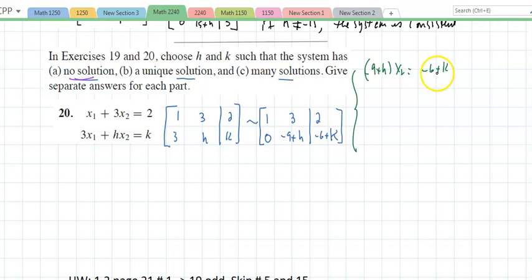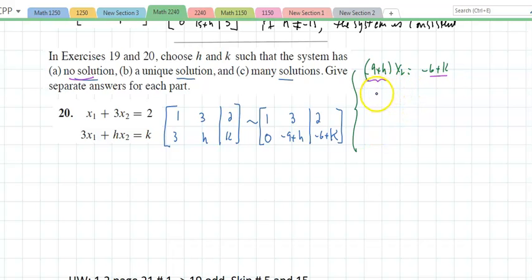If it's no solution, I want this to equal 0 and this not to equal 0. Because if they both equal 0, that's an infinite amount of solutions. I want one of them to be a 0 and one of them not to be a 0.